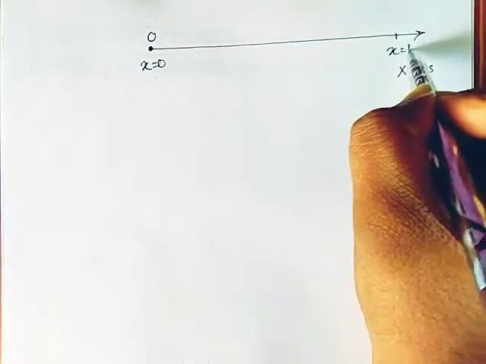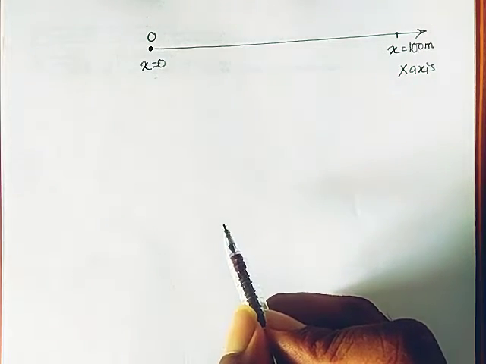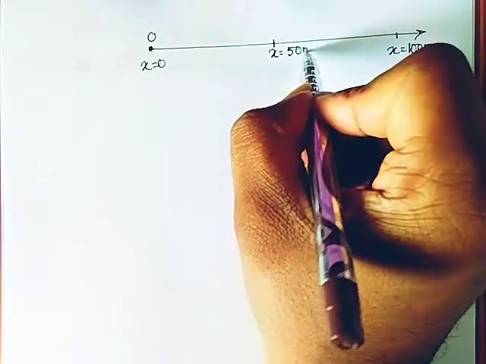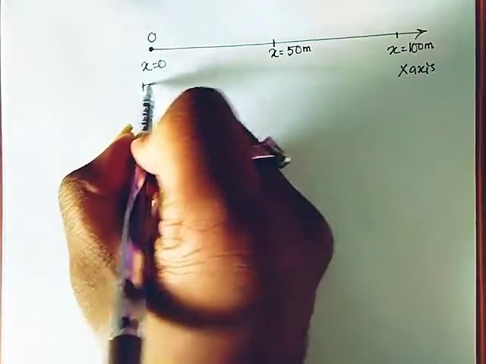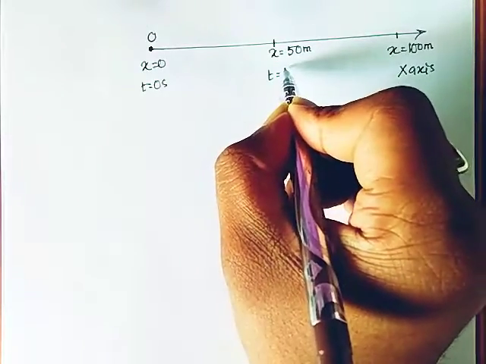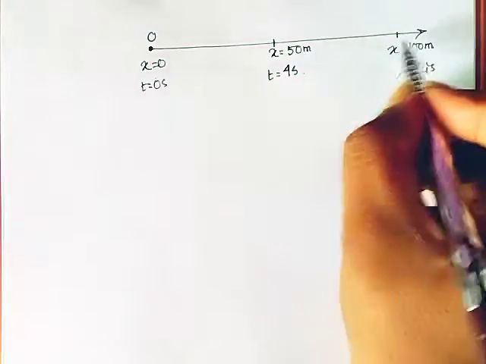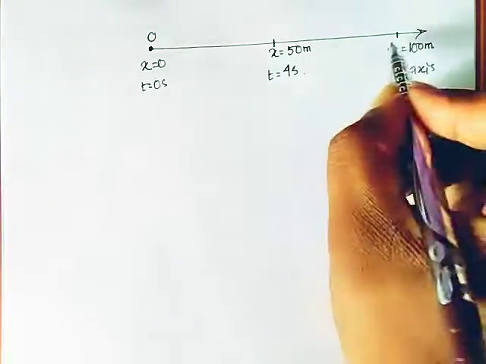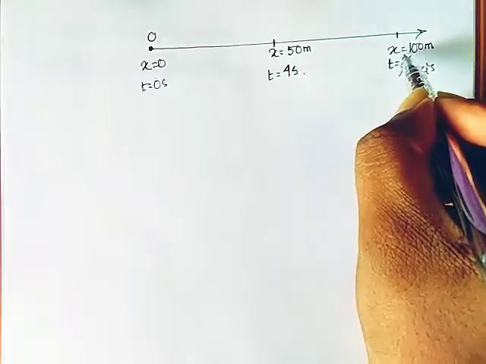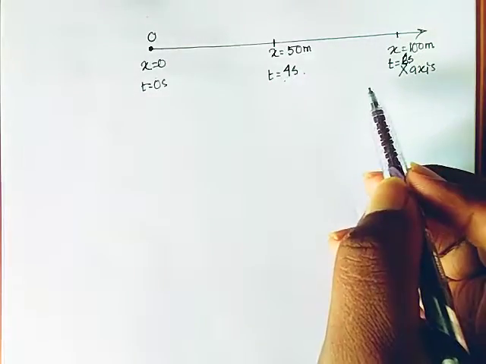Now I am tracking a particle which is not the previous one. When x equal to 50 meter, the time is t equal to 0 seconds. The time taken by the particle to cover this is 4 seconds. After that, in going another 50 meter, the time taken by the particle is 6 seconds. The time taken by the particle is 2 seconds.